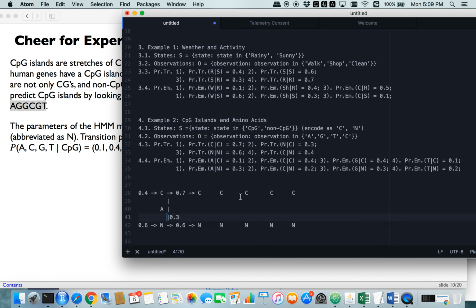And also the chance of changing from a non-CPG island to a CPG island is 0.4, right? Cool.